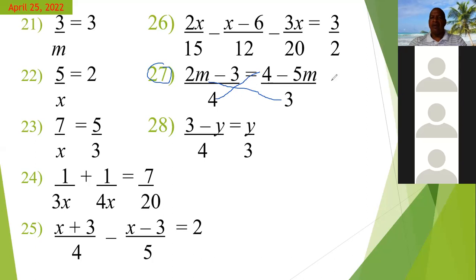So if you do the cross multiply, what you would have is 3 times bracket 2m minus 3 on the left side, and on the right side, you would have 4 times bracket 4 minus 5m.